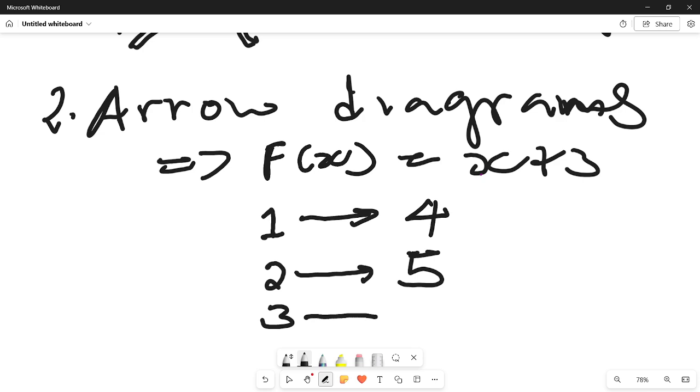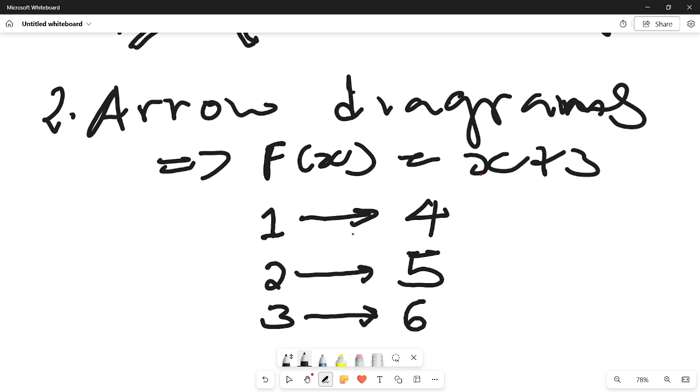Then 3. So try to guess what would be the output. Here the output will be 6, because it's 3 plus 3.